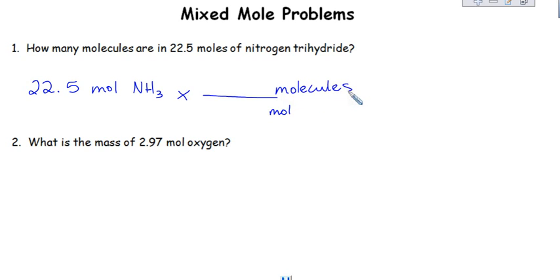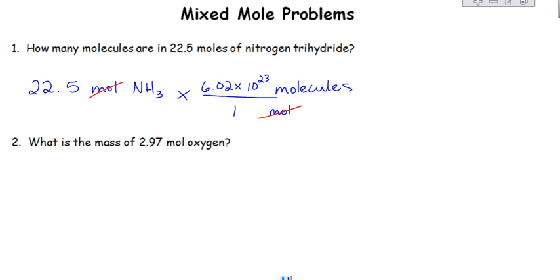I have my proportions set, and now I can just fill in the units. There should be 6.02 times 10 to the 23rd molecules in 1 mole of anything. 1 mole of nitrogen trihydride, 1 mole of anything. Now I can see that moles cancel. I have everything set up right. I'm going to multiply across.